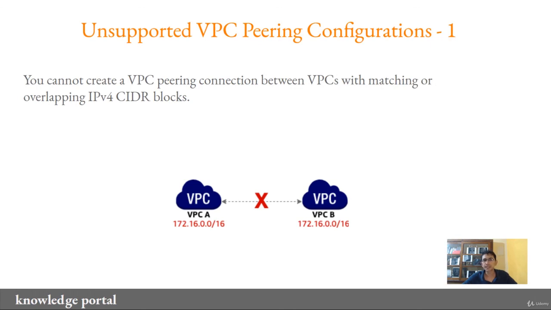Now there are certain unsupported VPC peering configurations. First one is that you cannot create a VPC peering connection between VPCs with matching or overlapping IPv4 CIDR blocks. This is also applicable with IPv6. Let's say you have a VPC A with 172.16.0.0/16 and VPC B with the same CIDR, 172.16.0.0/16. You cannot establish a peering connection here.